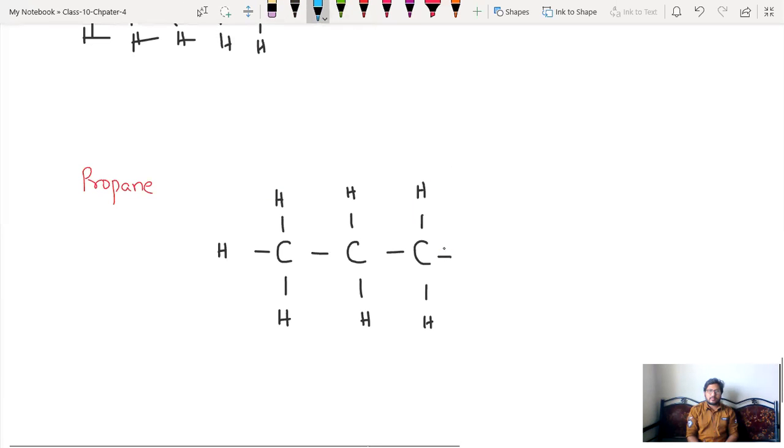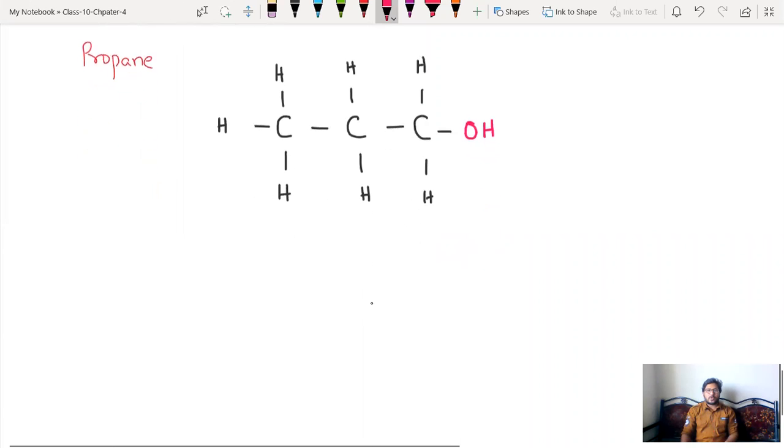So if you represent OH, now it is not propane. It is a new chemical formula. It is a new carbon compound. We have to give a new name, with nomenclature prescribed by IUPAC, International Union for Pure and Applied Chemistry.